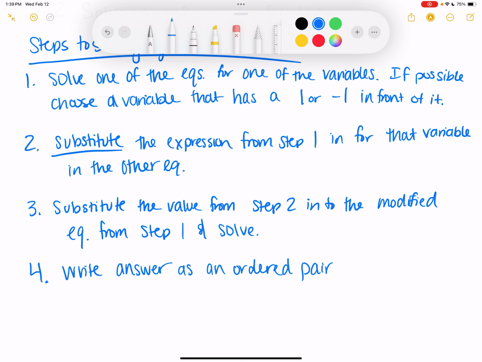So sometimes when you're having your two equations, one's already solved for you, which is nice. Sometimes you have to manipulate and get one of the variables by itself and then do it. That's where choosing the one that has a 1 or a negative 1 in front of it comes in, and getting that one by itself first.